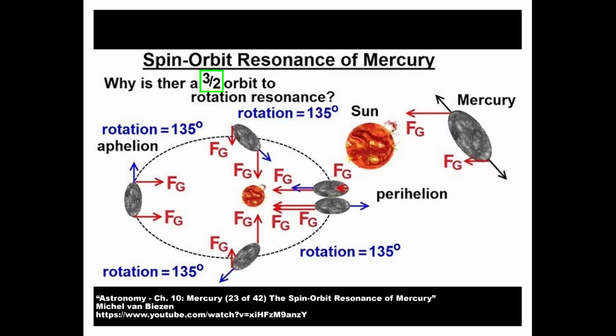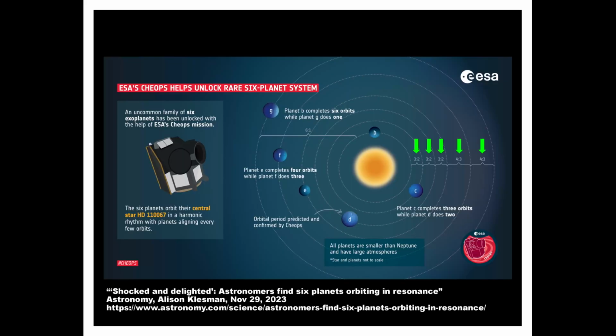What we can see here is something called an orbital resonance of Mercury. It has a 3-2 orbital resonance, where for every 3 Mercury years, 2 Mercury days pass. We also see the perfect fifth in orbital resonances around different star systems.